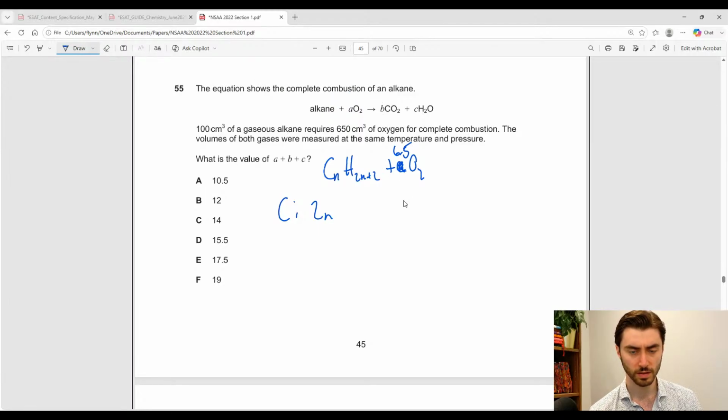We're just doing this. So there's n carbons on the left is equal to B. And from the hydrogens, there are 2n plus 2 on the left, which is 2C.